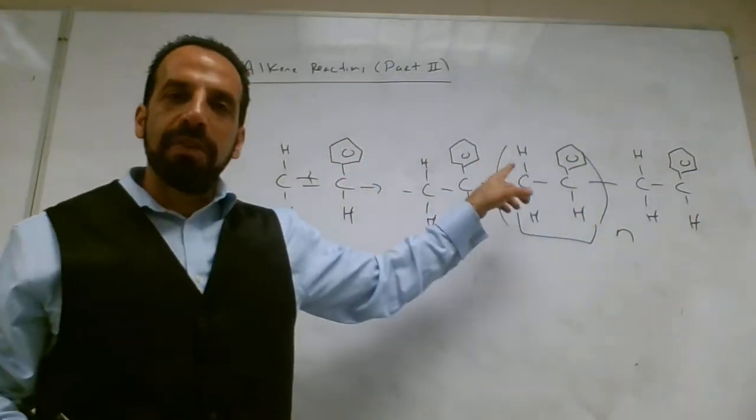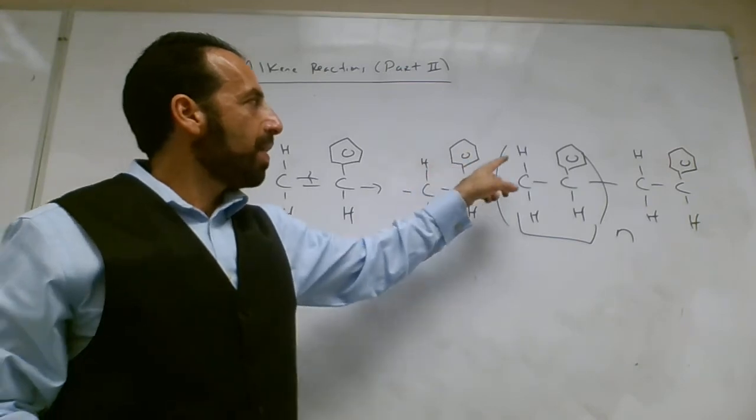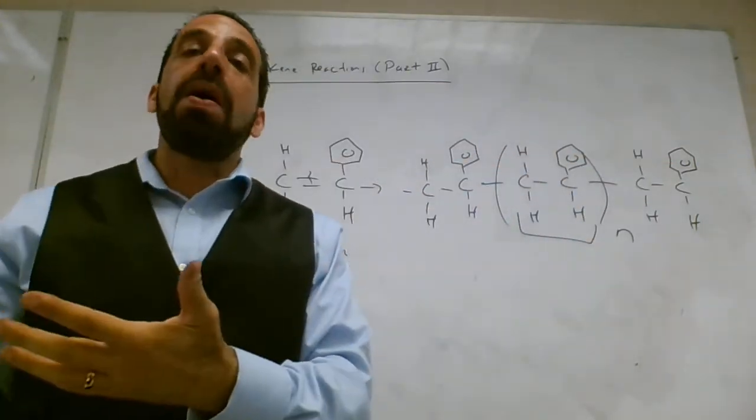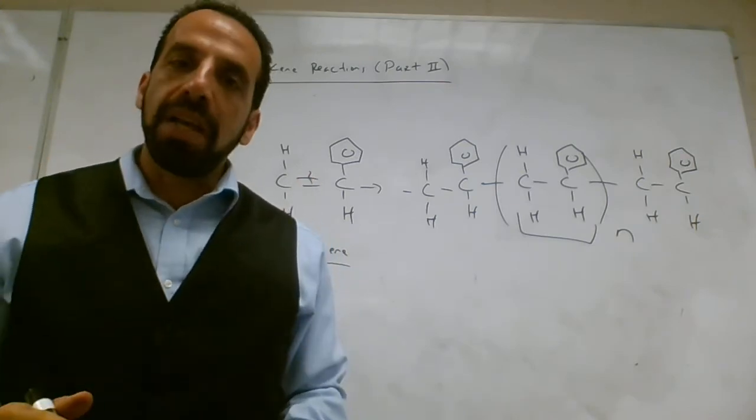And again, notice it goes in a very particular order. Hydrogen and styrene, hydrogen, styrene, hydrogen, styrene. So again, it repeats itself throughout, and then you end up with polystyrene. You can actually use that to make styrofoam with that.